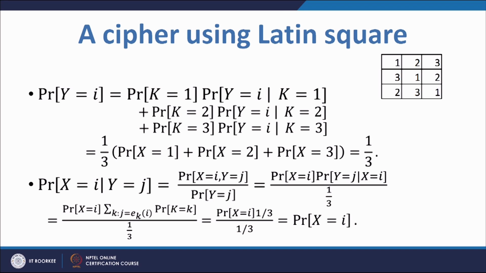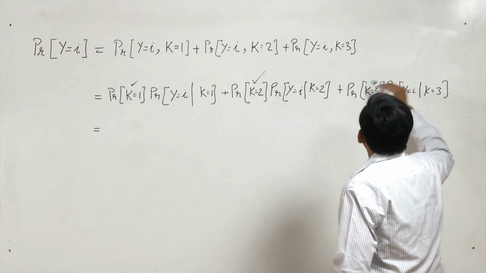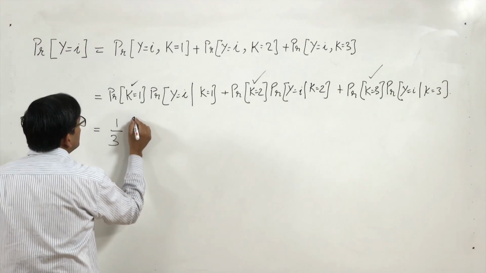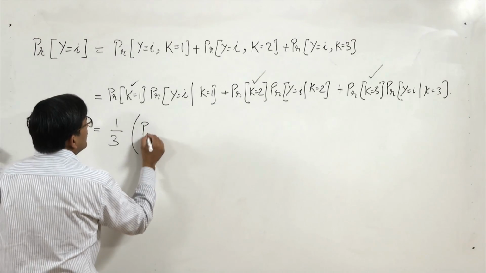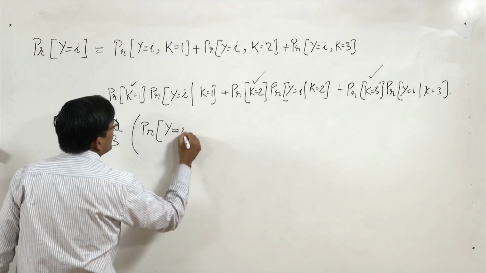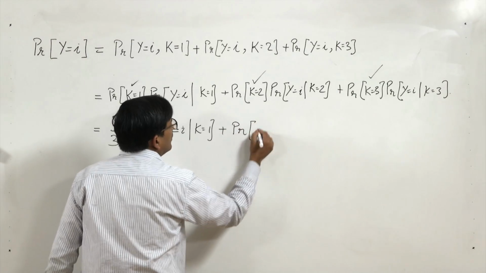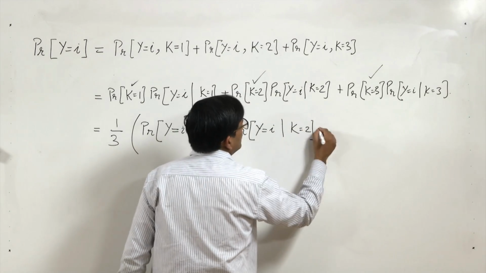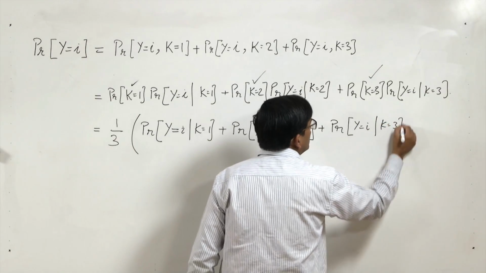Therefore, whatever be the value of i, since I know that these are equal to 1/3, I can take 1/3 out over here and I will get, within a bracket, the probability of y equal to i given k equal to 1, plus the probability of y equal to i given k equal to 2, plus the probability of y equal to i given k equal to 3.